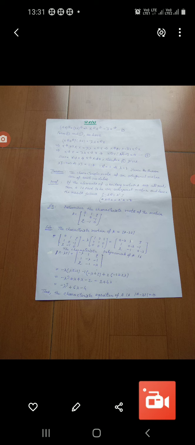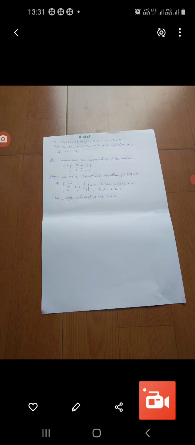The characteristic equation of A will be determinant of A minus λI equal to 0.